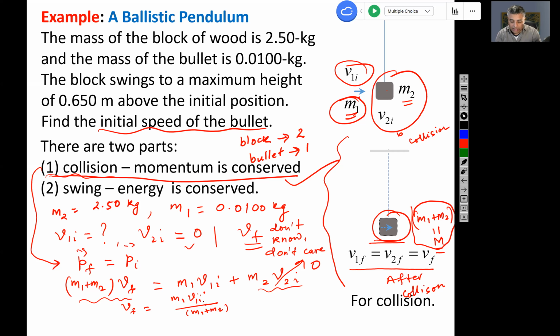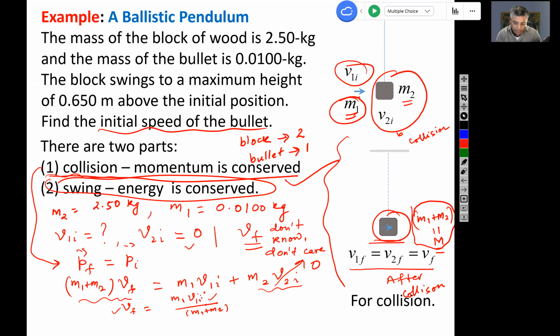Okay, so here what I have is VF, and there is V1i, okay? So there is one equation and two unknowns. So that means we need another equation to fully solve it. And that's where conservation of energy comes in, okay? So if you knew V1i, then you could just find VF.